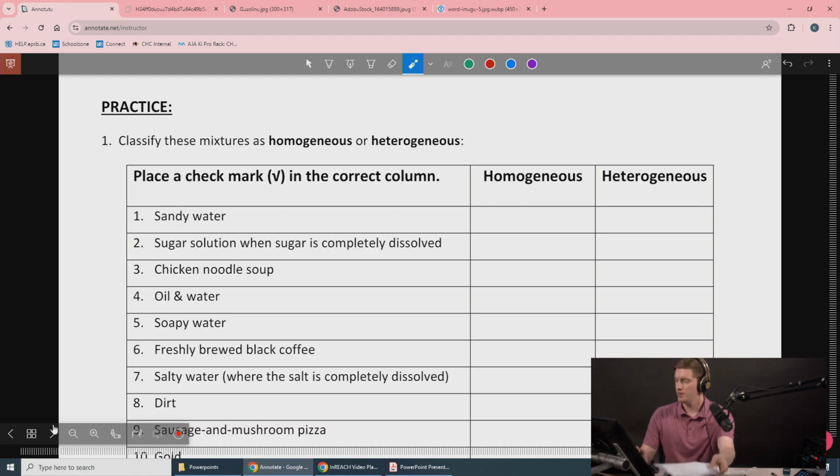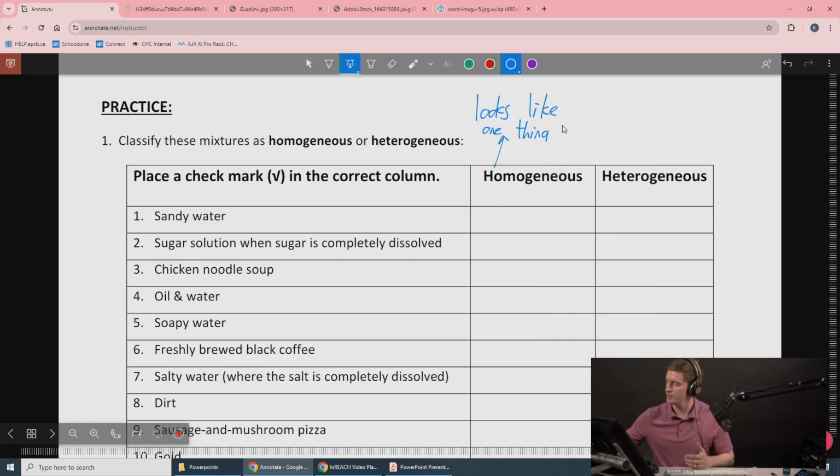On the next page here, I would invite you to take a look at this chart and try and classify these mixtures as homogeneous or heterogeneous. Remember, homogeneous looks like one thing, and heterogeneous, you can see different parts.